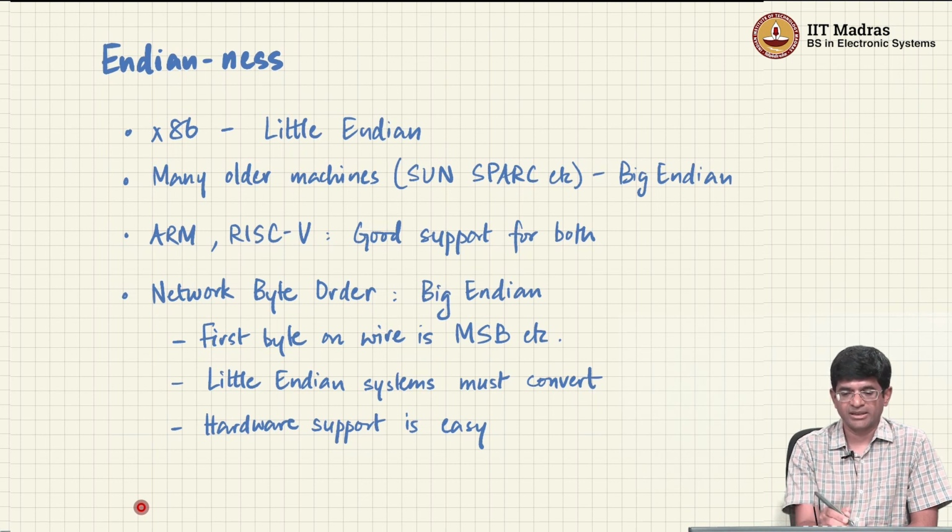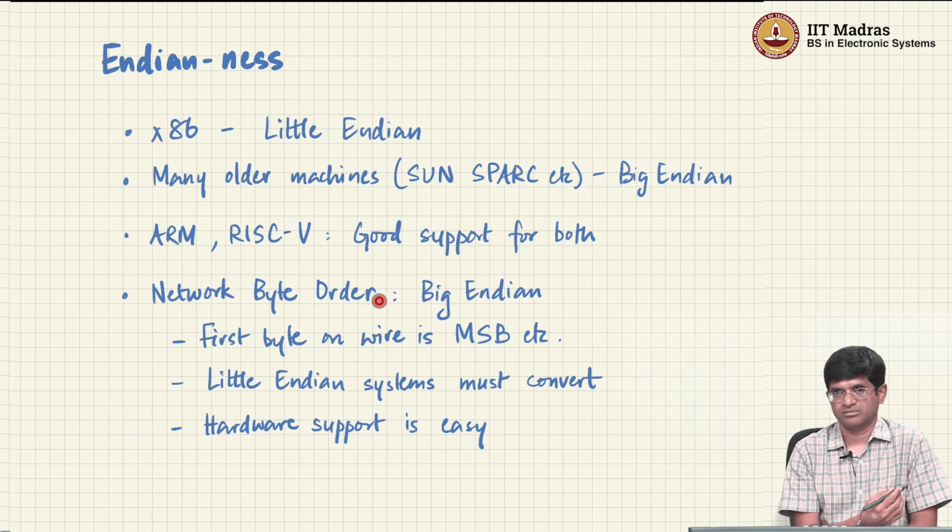So, little endian is clearly very popular, but one place where it actually makes more sense to think in terms of big endian is what is called network byte order, where we are actually transmitting data across a wire. In that case, big endian is a more natural way of thinking about how the bits actually come onto the wire at different points in time.